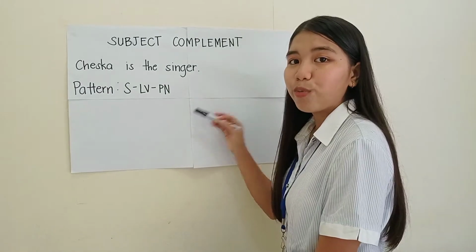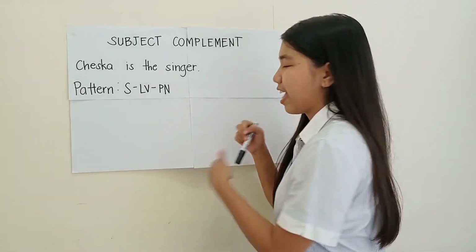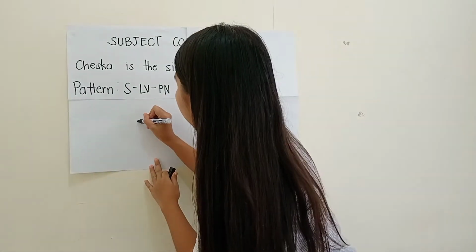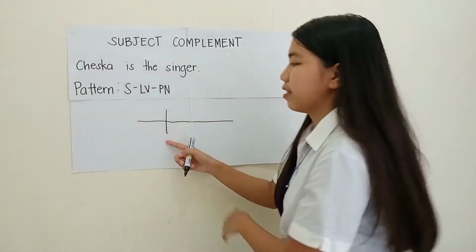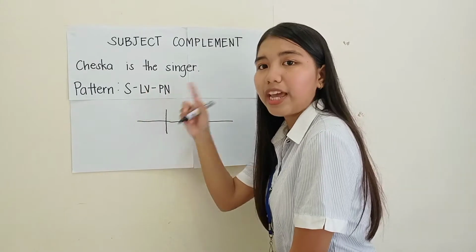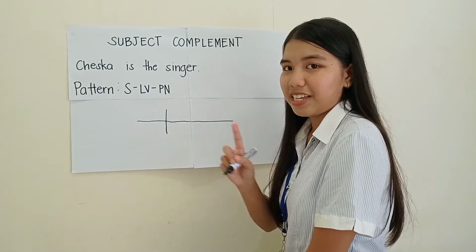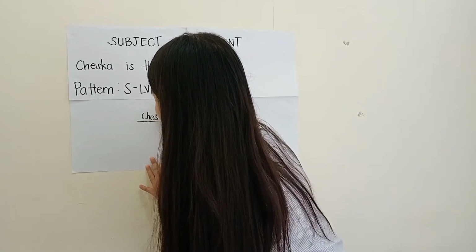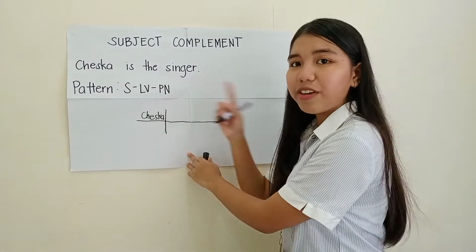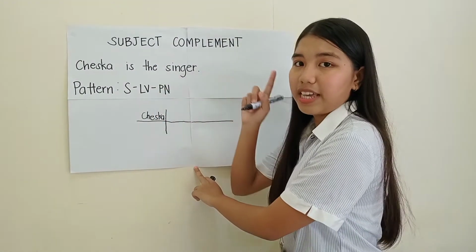So just like the other, we should draw a horizontal line and a vertical line, like this. So what is the subject here in the sentence? Yes, the subject here is the word Chaska. And the linking verb here is the word is.